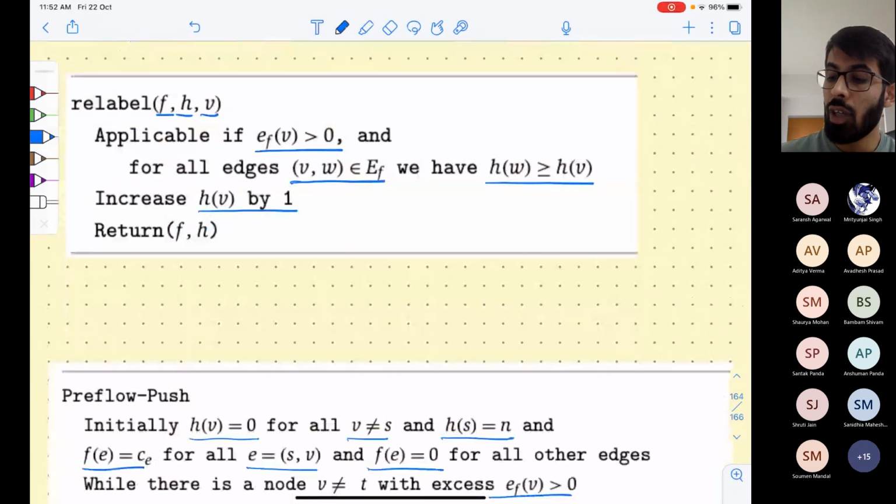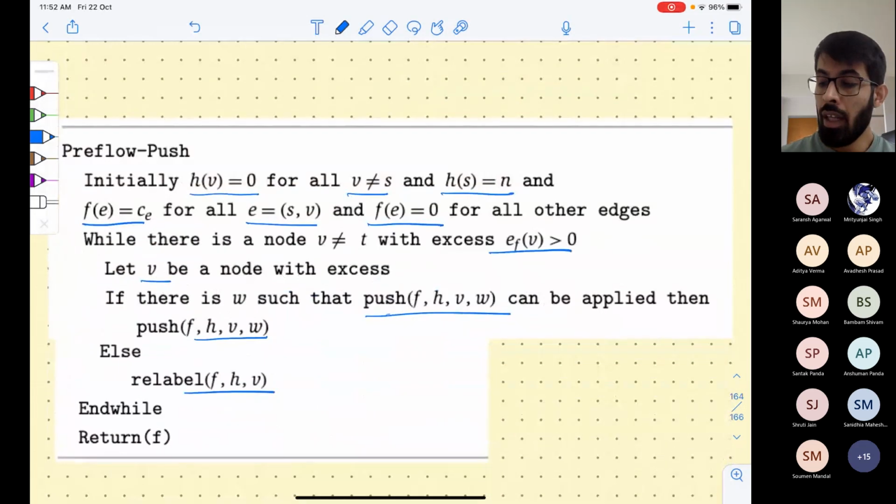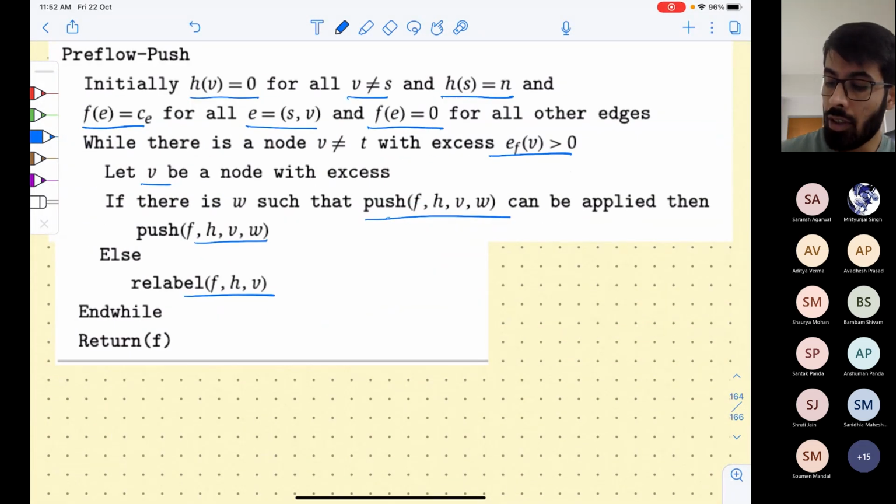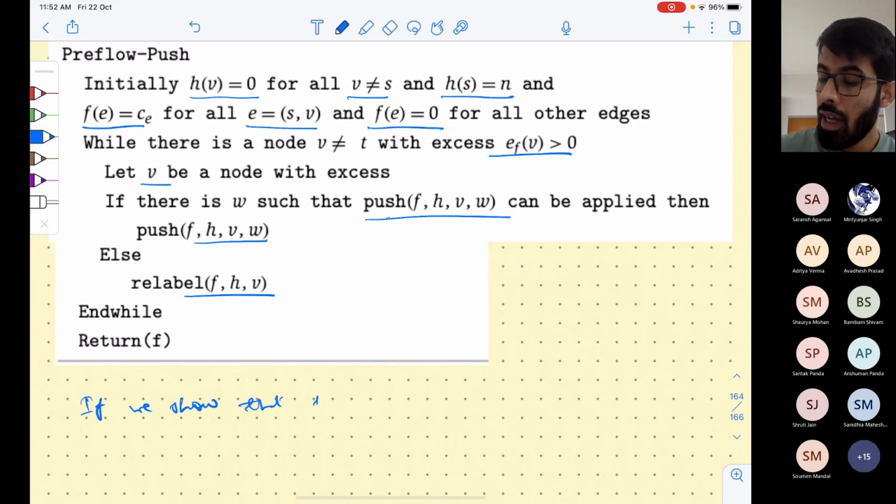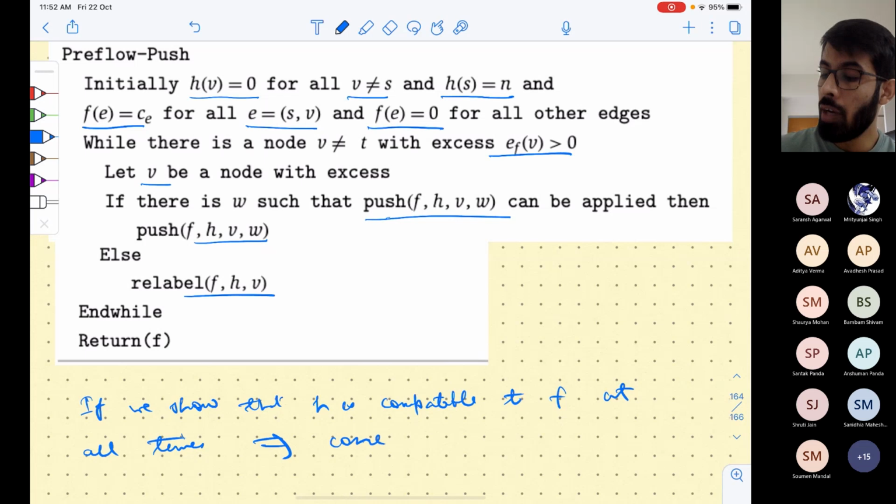That is how this works. But there is one thing that is clear. Just one small thing: if we show that H is compatible with F at all times, that implies correctness of the algorithm. Why?